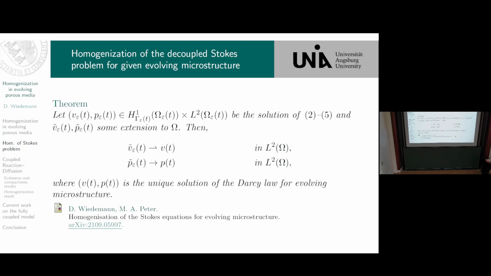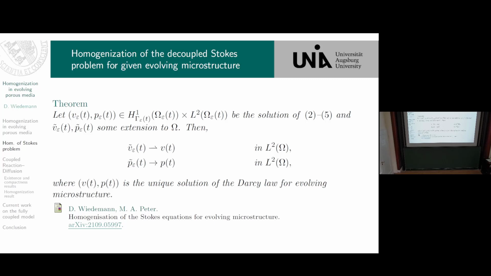So for the fluid velocity and the pressure, we can extend the fluid velocity by 0 into the solid part, and then we get some weak convergence, and the pressure will be extended by taking the mean value in every epsilon scale cell.